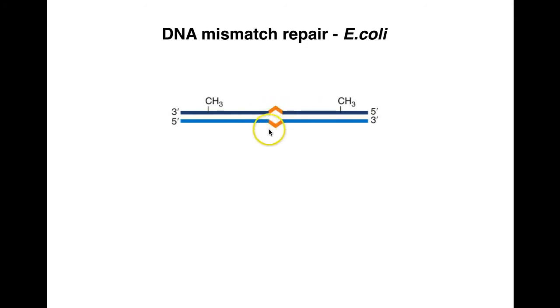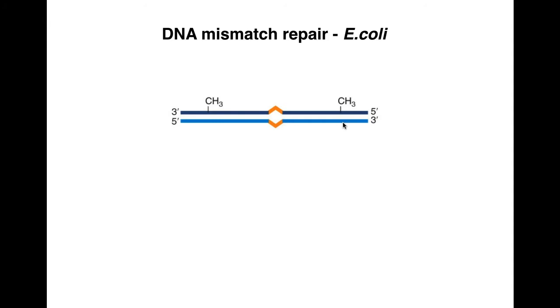And so we have a mismatch in the strand that is not the parental strand, and the E. coli machinery can tell the difference between the parental strand and the new strand for those 2 minutes, because at the GATC site there is no methylation.